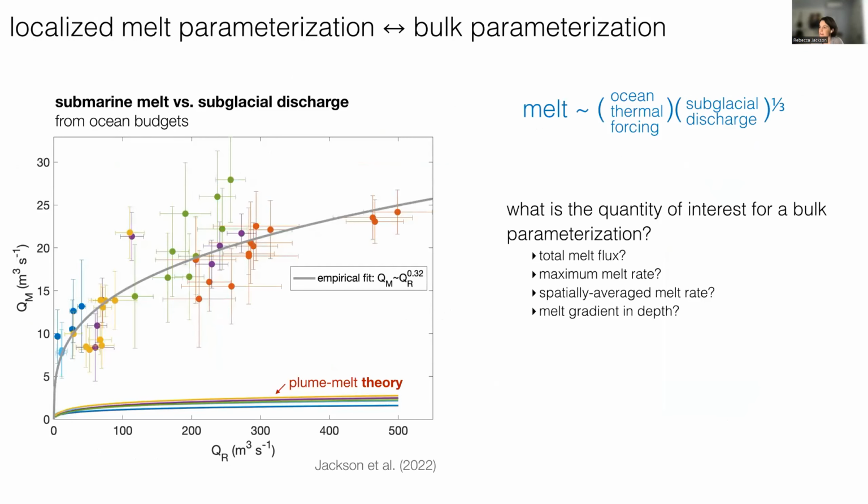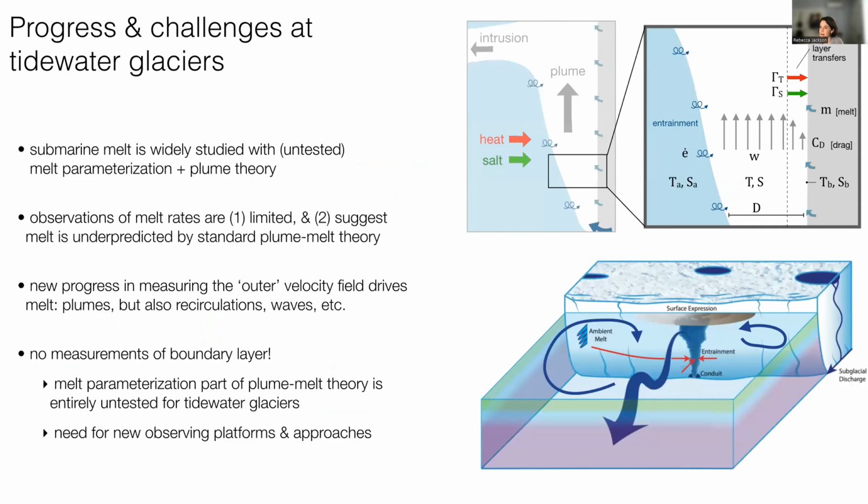I'll end, sorry, this is a little long, by summarizing that we have this widely used melt parameterization and plume theory that has given us all sorts of insight into melt, but really hinges on a bunch of untested parts. Our observations so far are suggesting that melt is really underpredicted by theory.